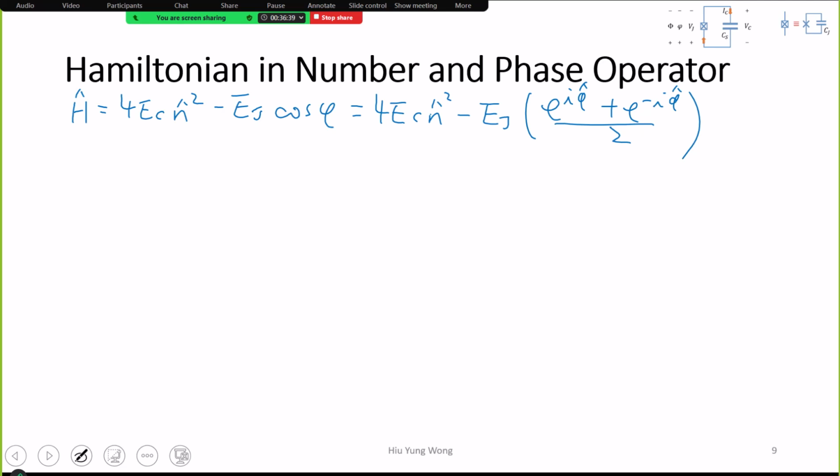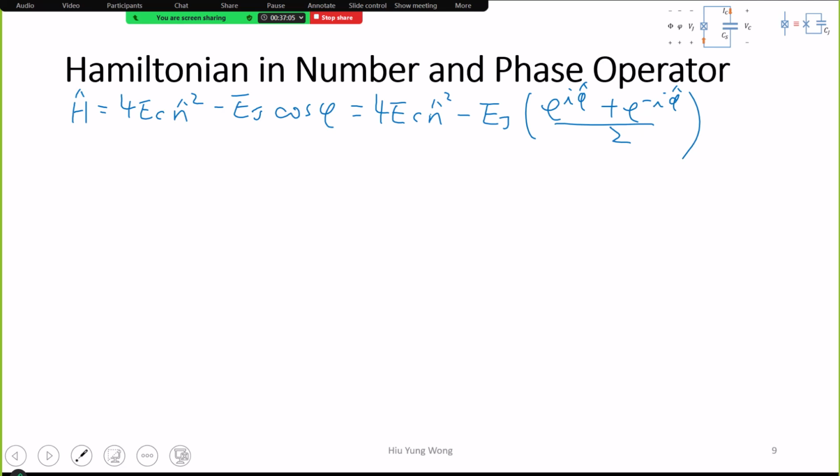Because e to the power i phi equals cosine phi plus i sine phi. So cosine phi plus i sine phi plus this one, you will get negative i sine phi, they get cancelled. This one, you get 2 cosine phi divided by 2, then you convert it back to cosine phi. Okay? The reason I want to do this will be clear later.